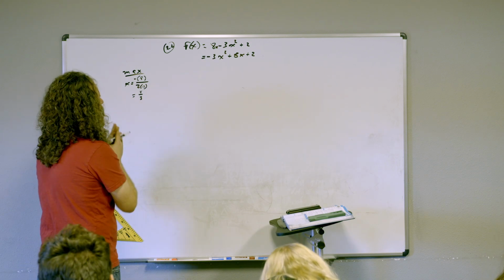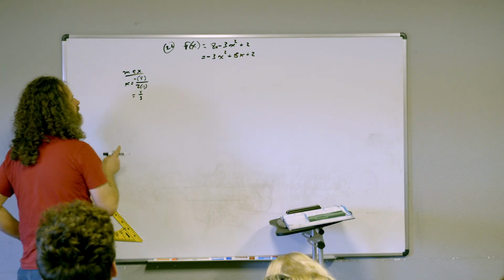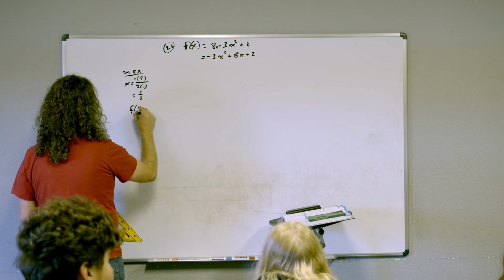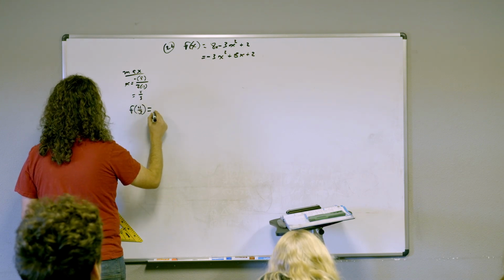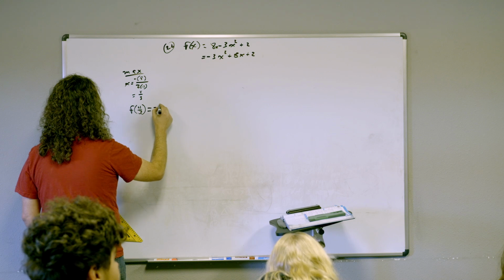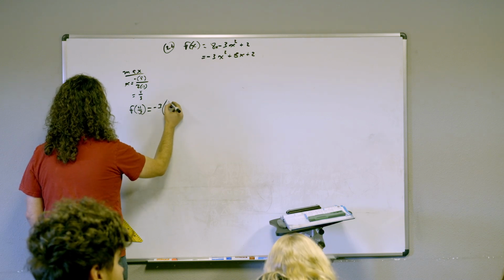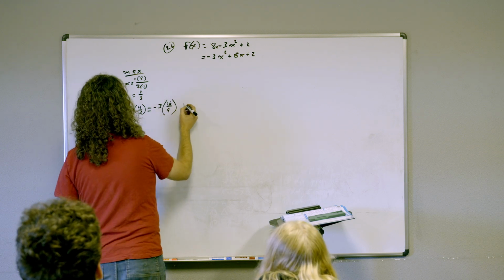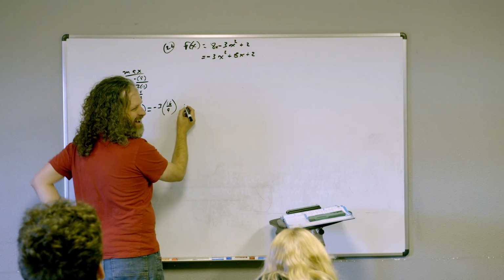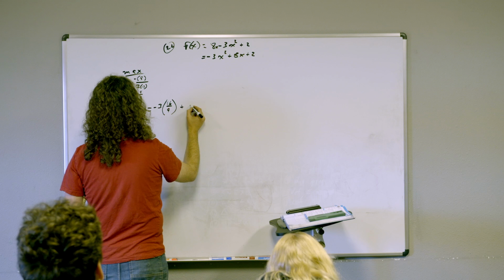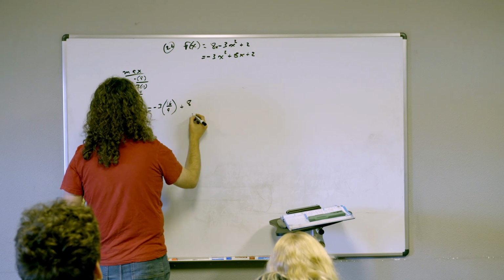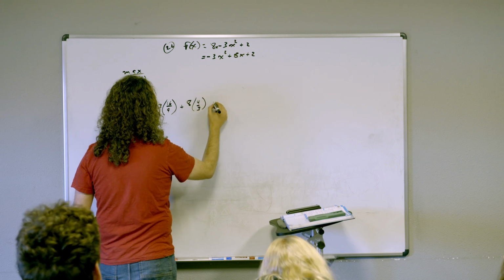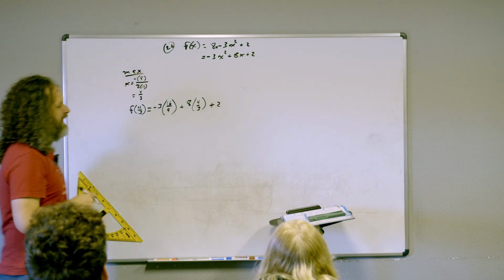Okay, but that's not the maximum yet, right? What do we got to do? We gotta plug it in. And then we get the numbers that are hopefully right. Negative 3 times 16 ninths, plus 8 times 4/3, plus 2. I just skipped a step.